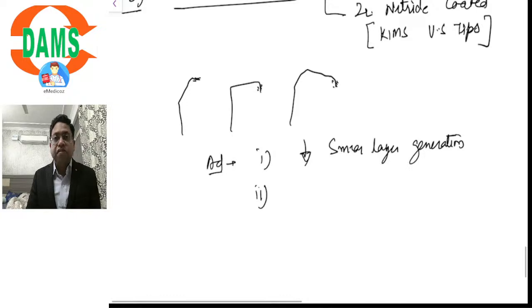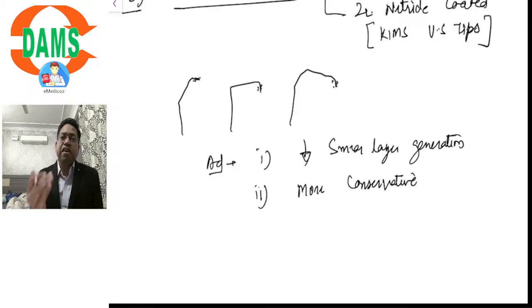Second advantage of ultrasonic as compared to burr and handpiece is that it is more conservative. It is more conservative means it requires a lesser bone window because ultrasonic tips are bent at various angles, and they require minimal amount of bone to be removed to gain access to the tip of the root.